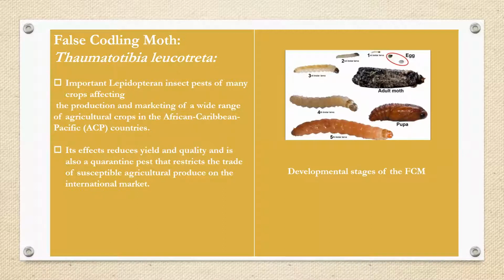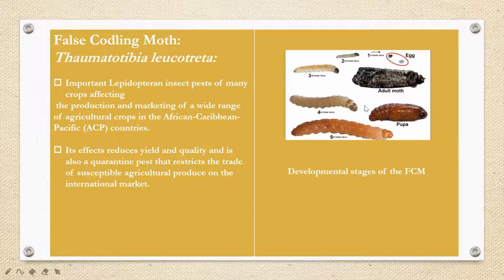Its effects significantly reduce yields and the quality, particularly the cosmetic quality of the commodities. Again, it is a quarantine pest organism for areas that do not have it, in particular the European Union. Therefore it is a key pest organism, and we need to really address it.